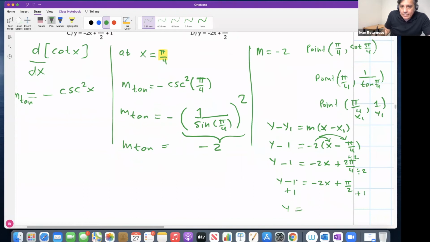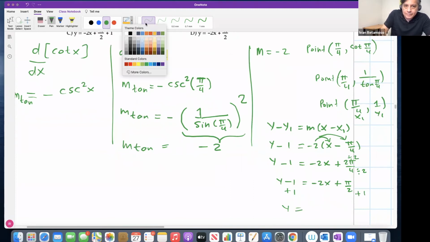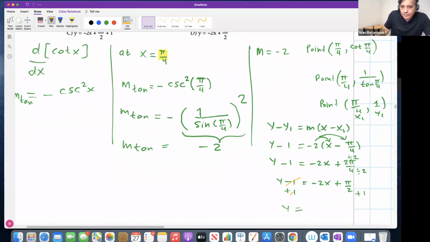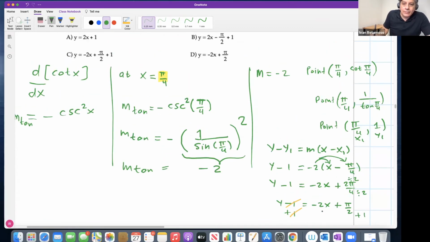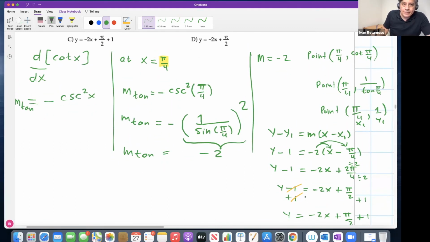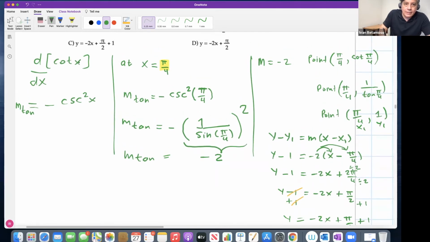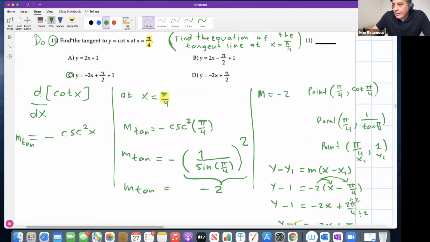Y equal, after you cancel these two guys, y equal negative 2x plus pi over 2 plus 1. Leave it alone, guys. Remember, I explained, mathematicians prefer to see this in exact form. So look for it. I think it's here. See, a very tricky question, right? Yeah, for 11. Very good.